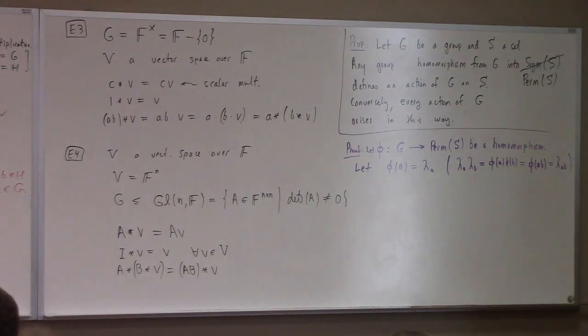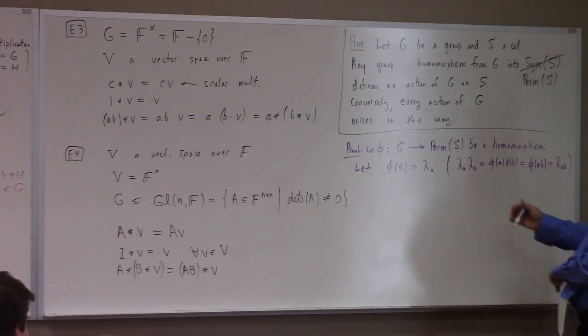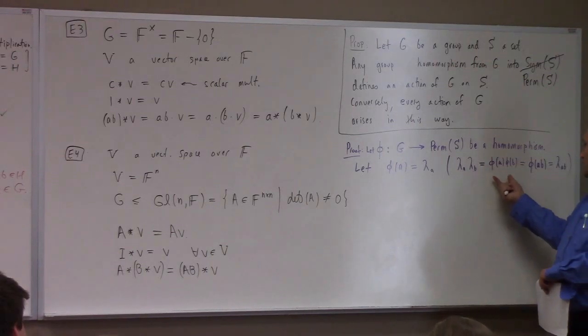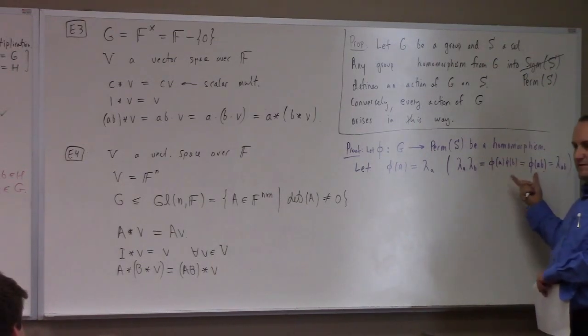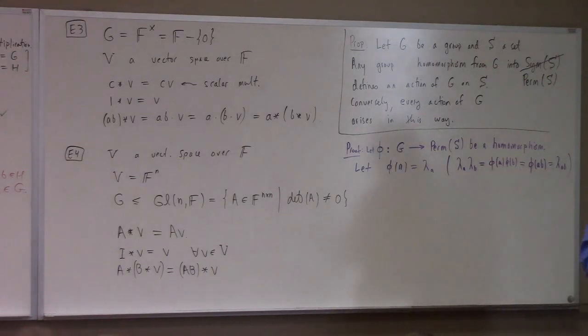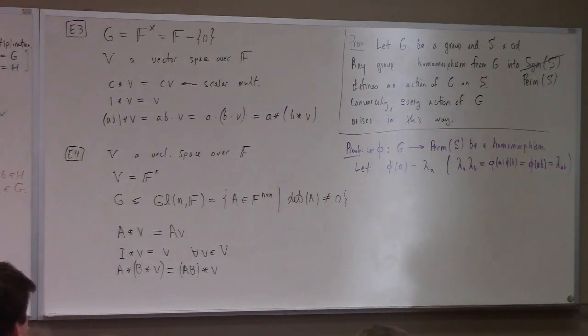I'm not sure I believe this yet. That should be understood as composition. This is composition of permutations, and the fact that this is equal to this is that it's a homomorphism.